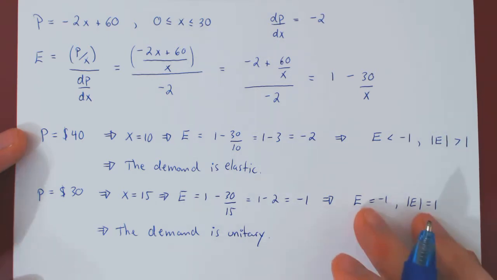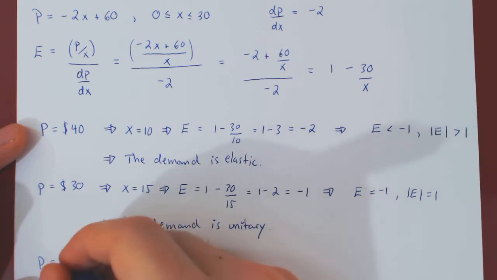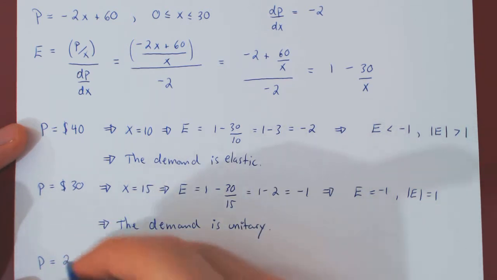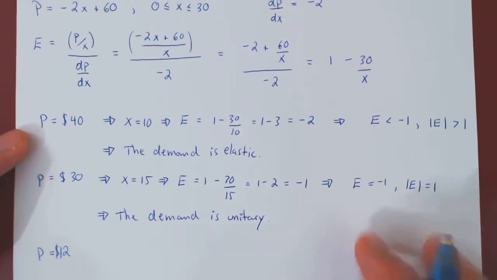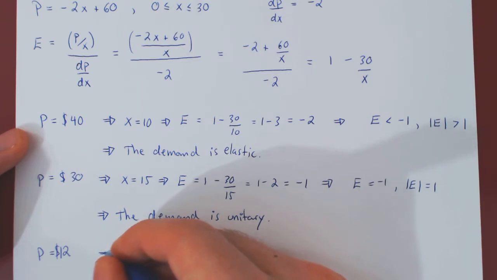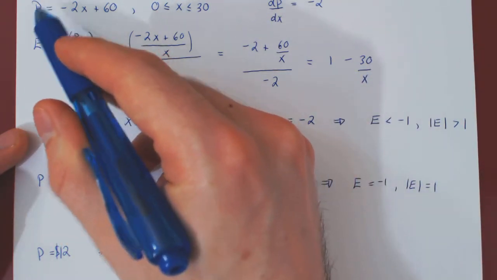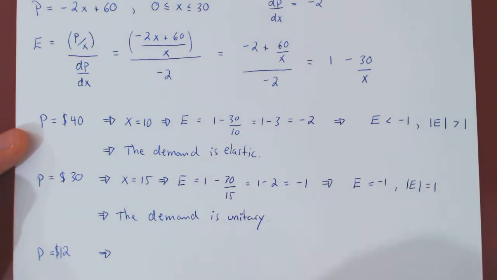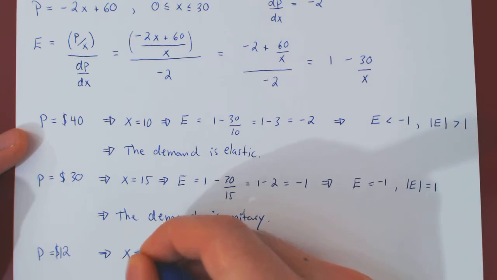And our third and last example, what if we take a unit price of say $12? So we need the corresponding X value, so plug in here for P, $12, solve for X, and you find that X is 24.